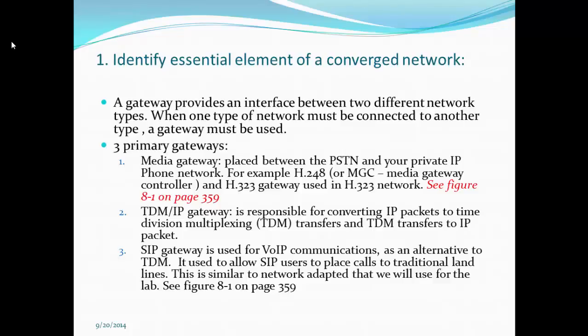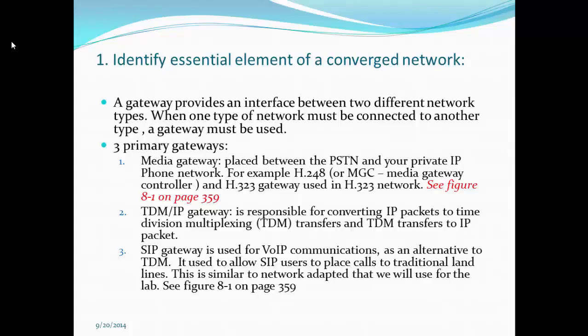The third one is the SIP gateway. It is used for voice over IP communication and as an alternative to TDM. It is used to allow SIP users to place calls to traditional landlines. This one is similar to the network that we use in the labs.